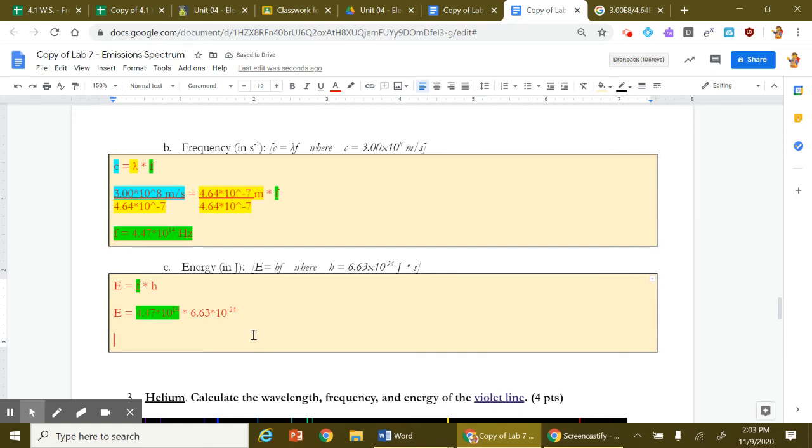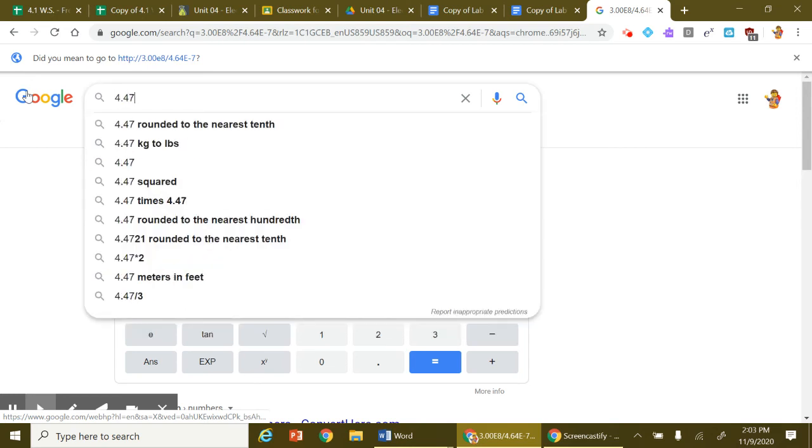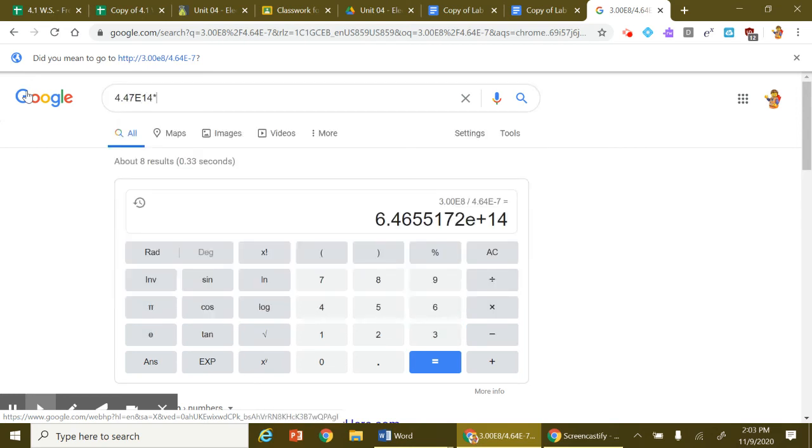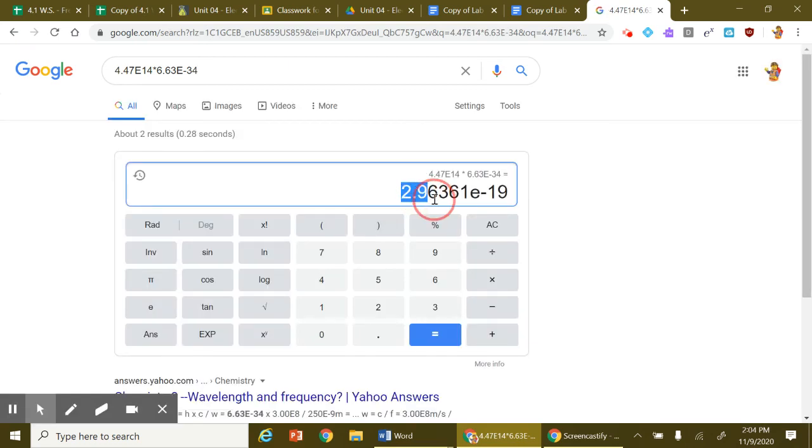I'm going to do the frequency times 10 to the 14th times 6.63 times 10 to the negative 34th. And what I get as my answer is 2.96 times 10 to the negative 19. So 2.96361, I just want those first decimals. So 2.96 times 10 to the negative 19th.